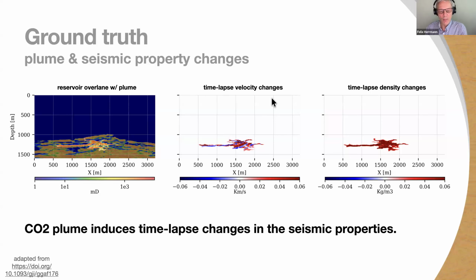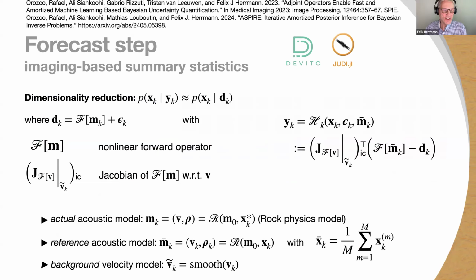Now, this is a bit too busy, and I'm not going to go over all the details, but I just want to tell you we use a full nonlinear forward operator to map the densities and velocities at different time steps to data at different time steps. And then you use a cleverly designed imaging procedure that maps all these things back to the image space.